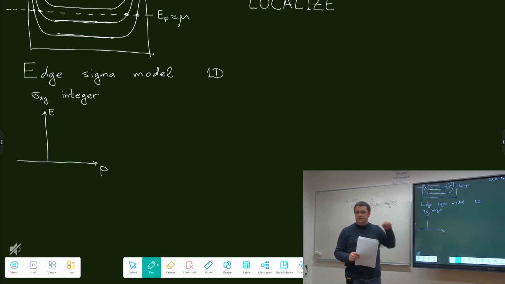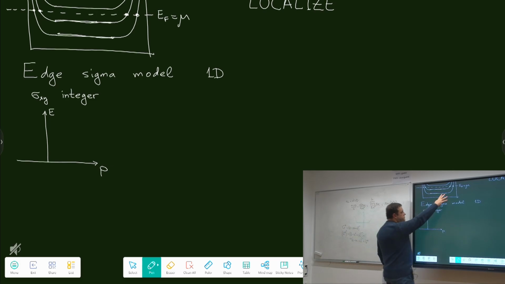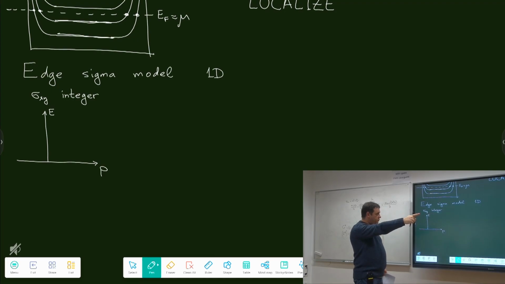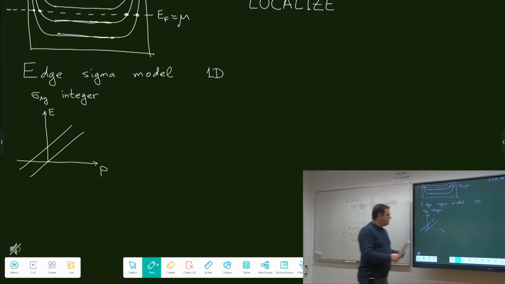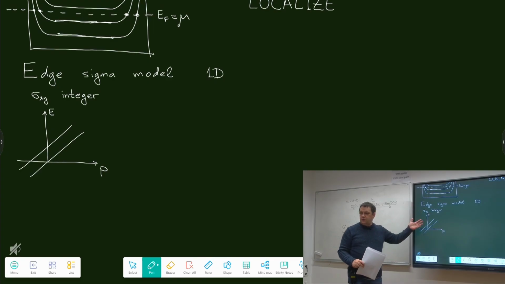in our 1D direction. And we have this number of edge modes, like 2 here, and they have velocities only in one direction. So it should look something like this. 1 and 2. Just a straight line, and the slope corresponds to velocity.